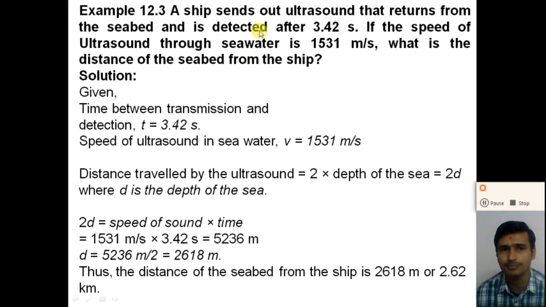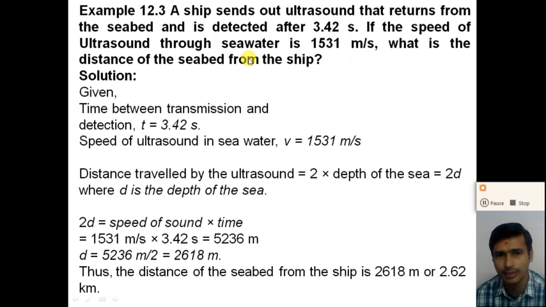So here the ship sends the ultrasound that returns from the seabed, and is detected after 3.42 seconds. So the time between the transmission and the detection of the ultrasound is given to you, t is equal to 3.42 seconds.